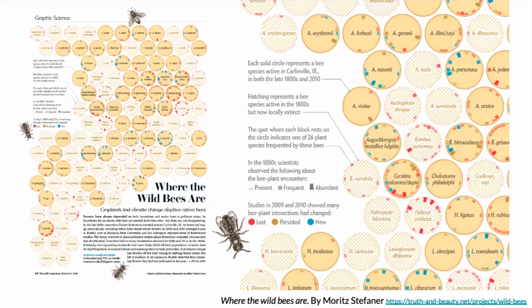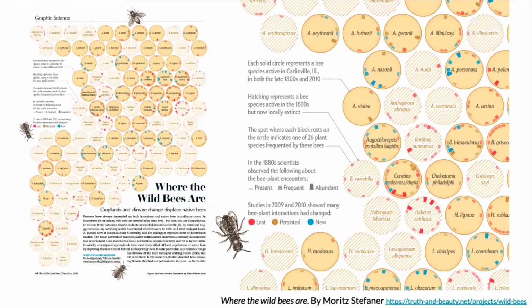In this graphic, each of the circles is an individual bee species, and the bars that you see radially around the circle represent different plants.